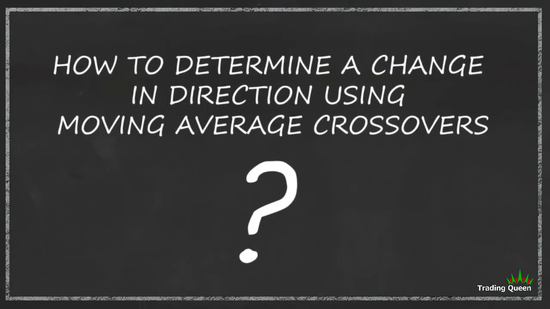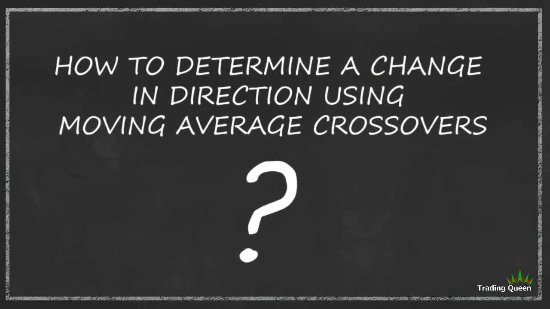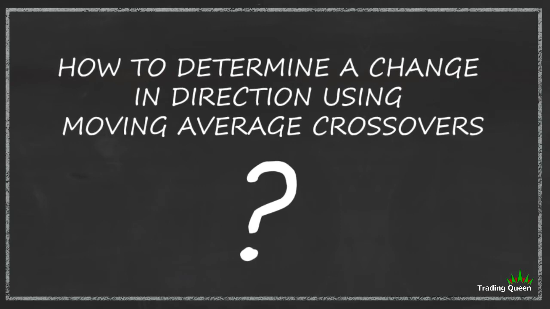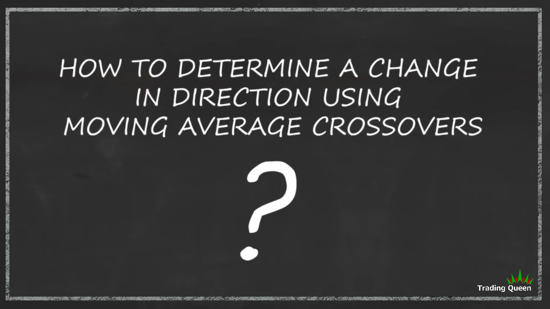The interesting thing about moving averages is that they can be used alone or in combination with other moving averages. So, when you place two moving averages on one chart, with different periods, reflecting a short-term and a longer-term trend in price, you have the opportunity to trade moving average crossovers. They can be used to determine when a trend has changed direction.